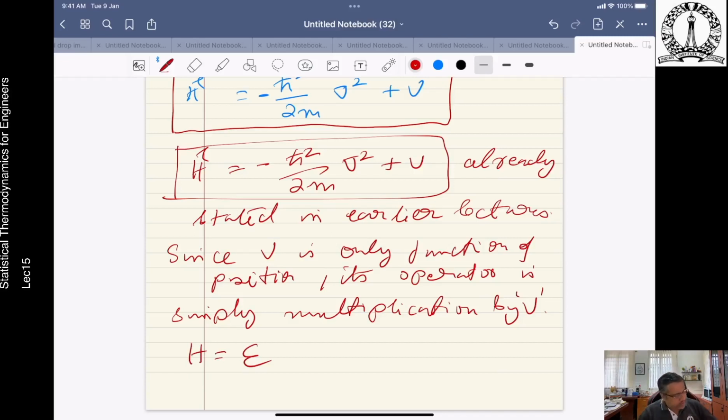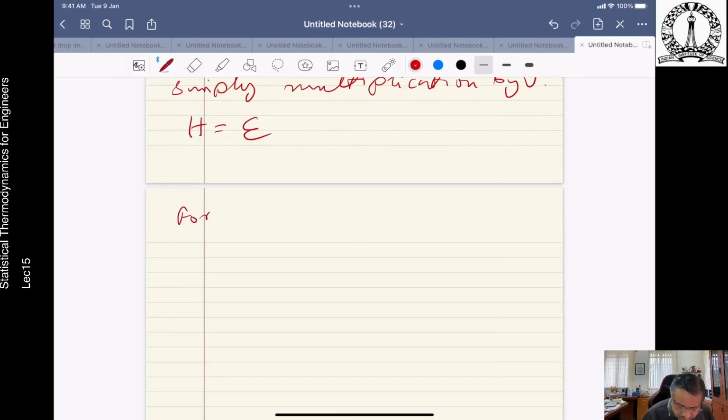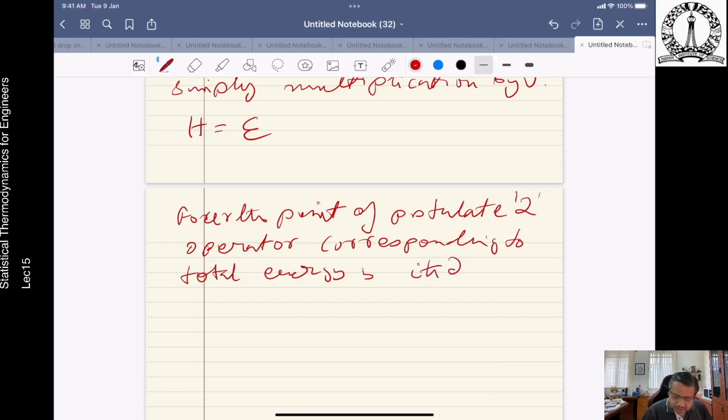So, the fourth point of postulate 2, if you remember, says that the operator corresponding to total energy is i h bar d by dt.